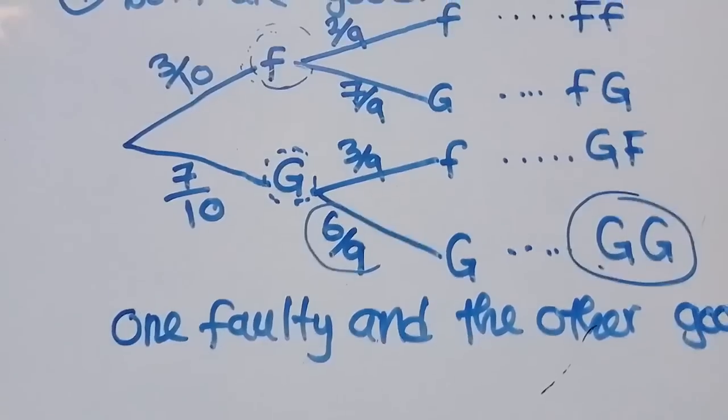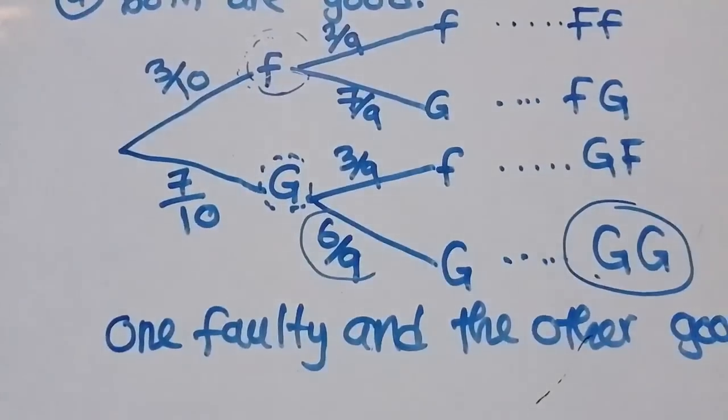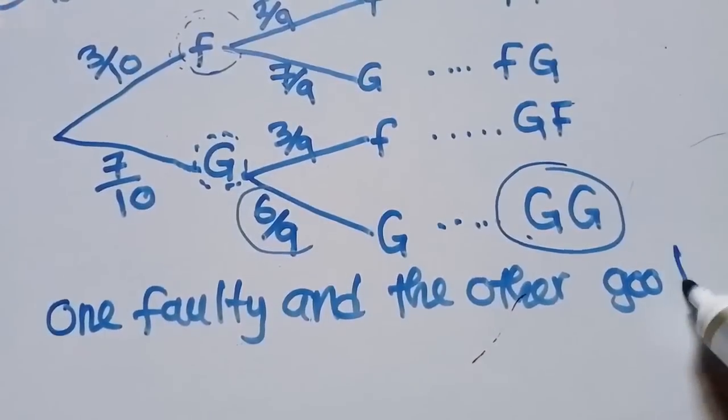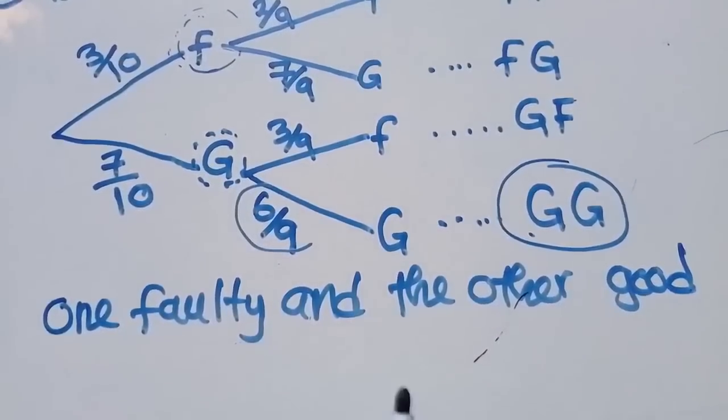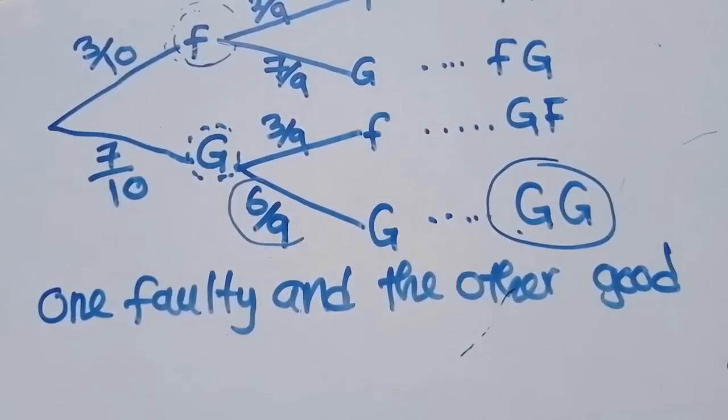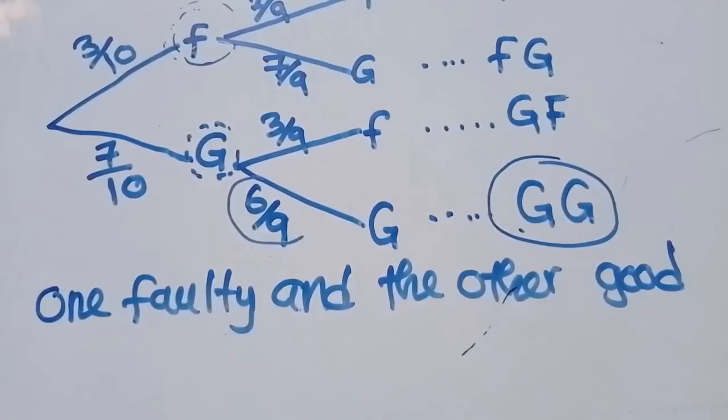This is how the question is. So how can you go about such a question? One good and other 40, not in good condition.